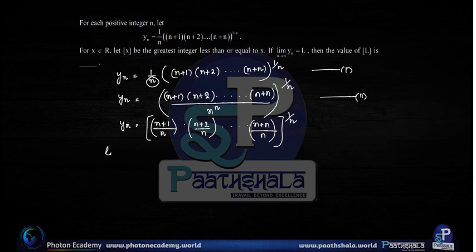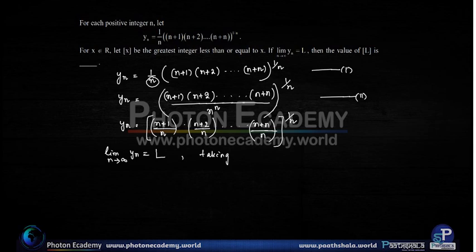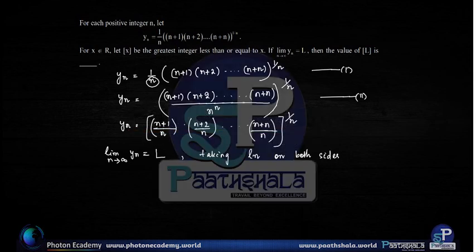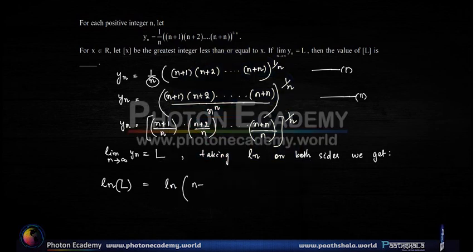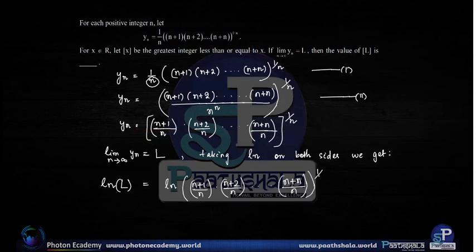So if we assume limit n tends to infinity yn is equal to L, then taking log on both sides, taking the log with respect to e, that is ln, on both sides, this becomes ln of L is equal to ln of ((n+1)/n times (n+2)/n ... (n+n)/n) whole to the power 1 by n.